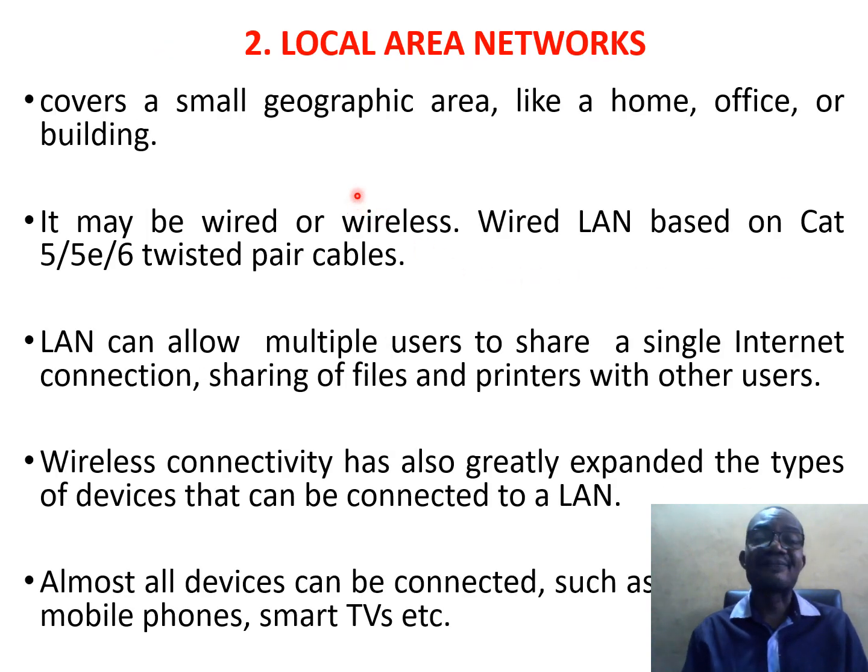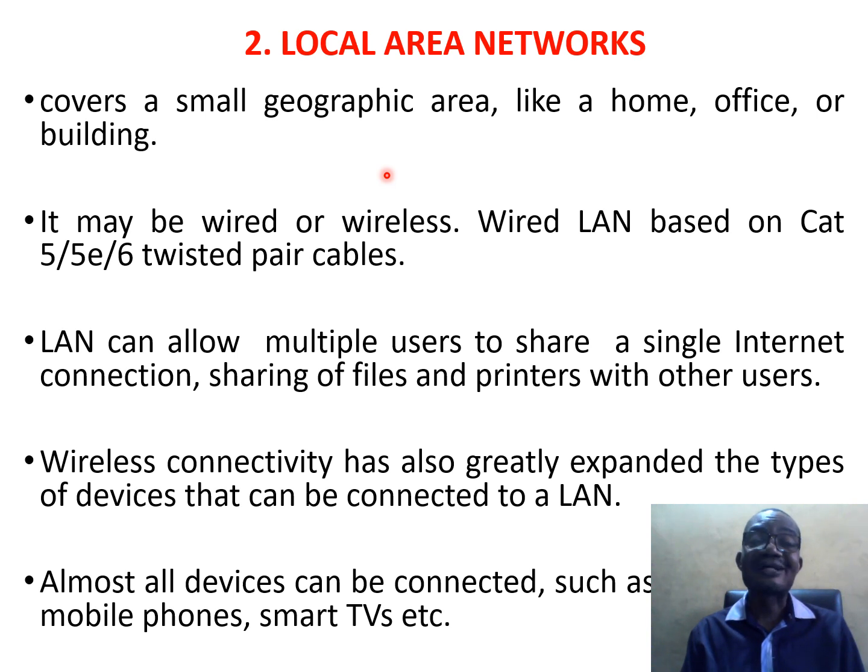The second type of networks are local area networks. A local area network covers a small geographical area like a home, an office, or a building. A local area network is usually a network in a single building.